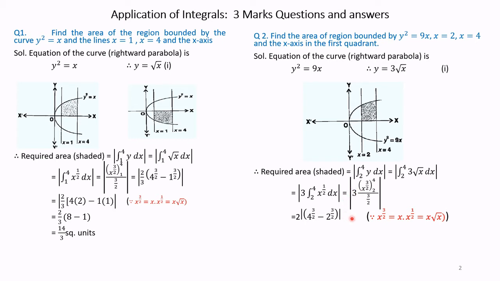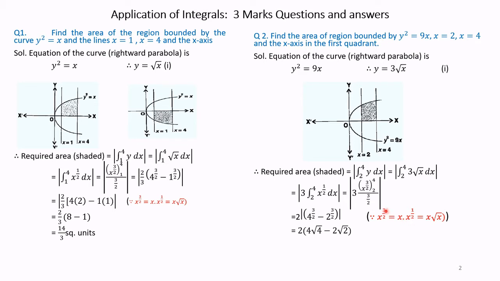Therefore, it becomes 2 into 4 to the power of 3 by 2, where the value of x is 4, minus the lower limit, 2 to the power of 3 by 2. Therefore, x to the power of 3 by 2 can be written as x into x to the power of half.